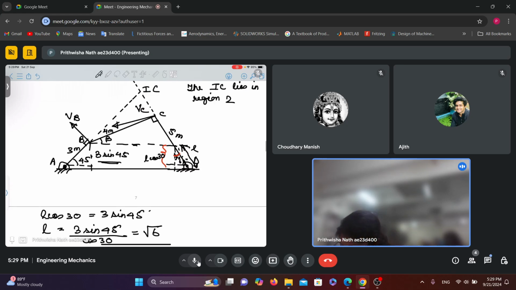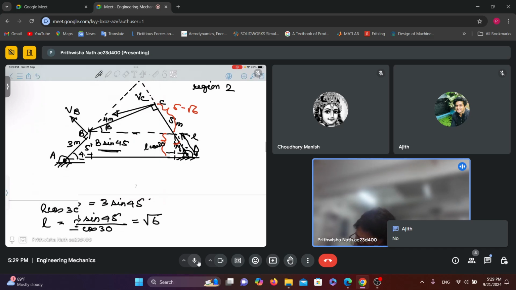Now I know this total length CD is 5, right? So this part is nothing but 5 minus root 6, right? Is there any doubt up till here? Tell me if you have a doubt.